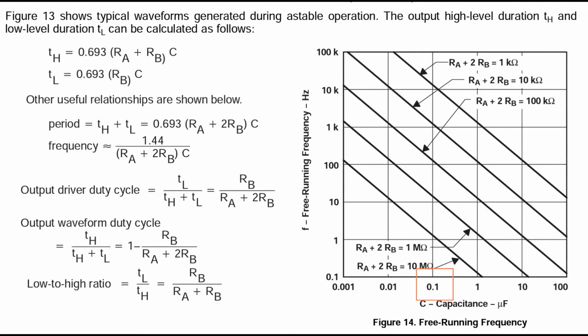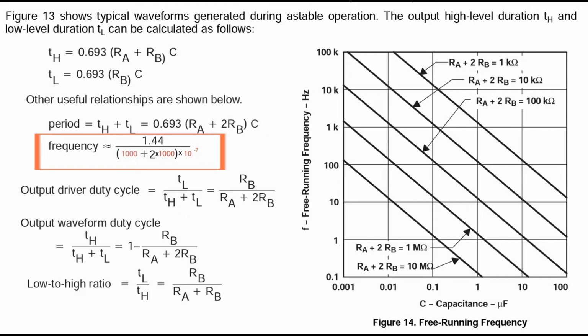Luckily there's a formula. If you look here to the left, it says what the frequency is, and we can calculate the frequency after this formula, 1.44 over, and our RA is 1000 because it is a 1 kilo ohm resistor, and our RB is also 1000, and our C is 100 nanofarad, and that is 10 to the minus 7.